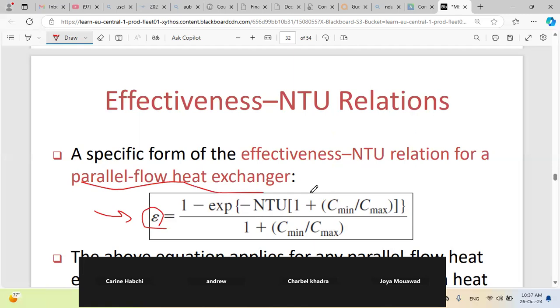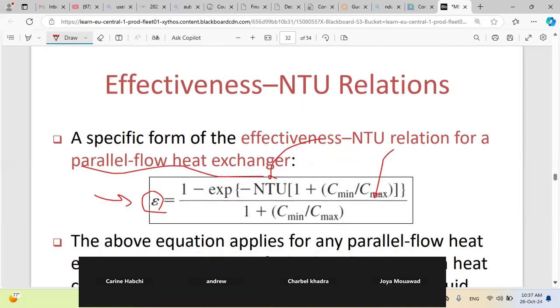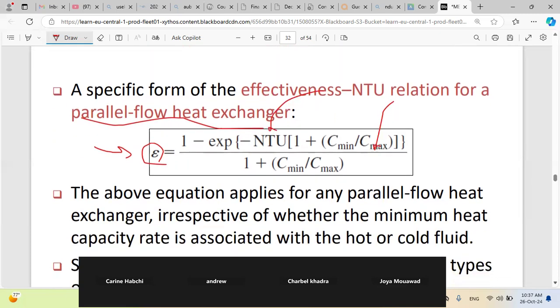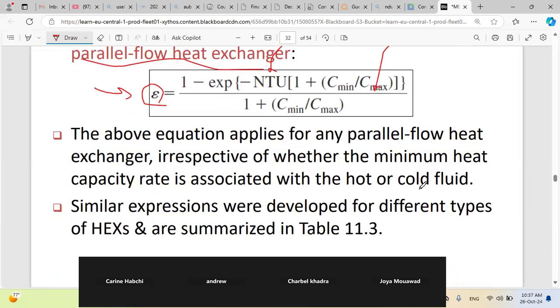According to this, if you know the NTU and C minimum over C max, you can calculate the value of epsilon. So the above equation applies for any parallel flow heat exchanger, irrespective of whether the minimum heat capacity rate is associated with the hot or cold fluid.